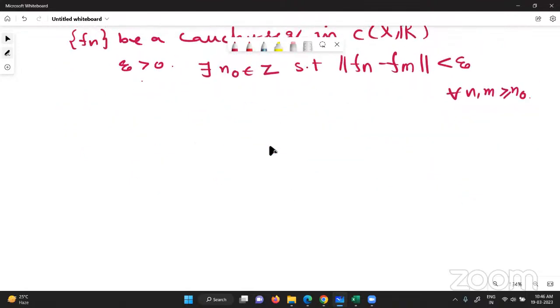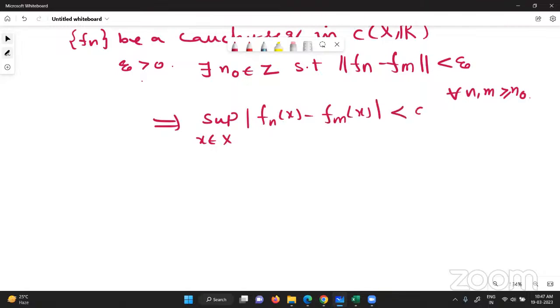So when norm Fn minus Fm is less than epsilon, it means the supremum over x in X of mod Fn(x) minus Fm(x) is less than epsilon for all n, m greater than or equal to n0.